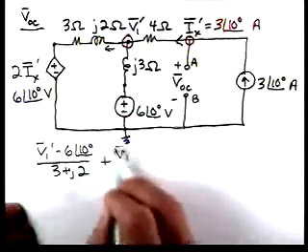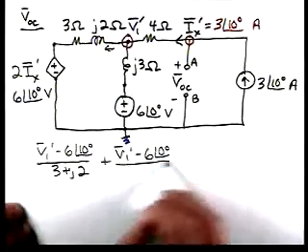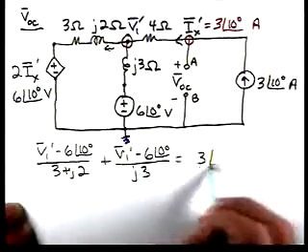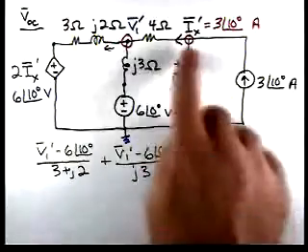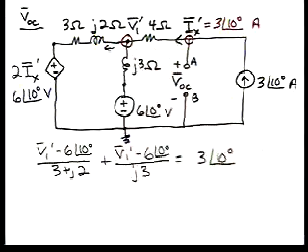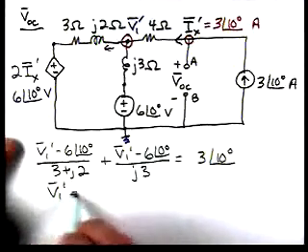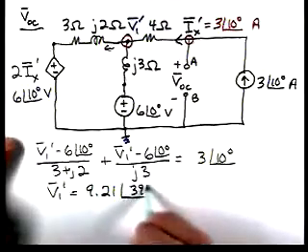Then we have (V1 prime minus 6 at an angle of 0) over j3. And that's equal to 3 at an angle of 10 degrees, because if we look here, this current comes in and goes right into that node. So now if we solve for V1 prime, it's 9.21 at an angle of 39 degrees.